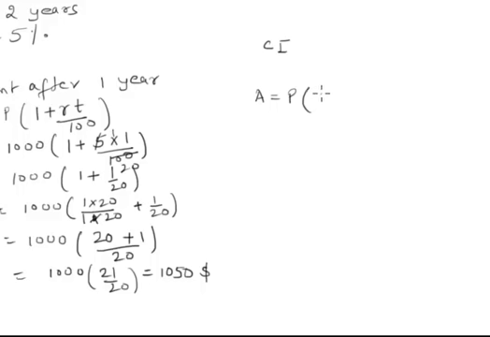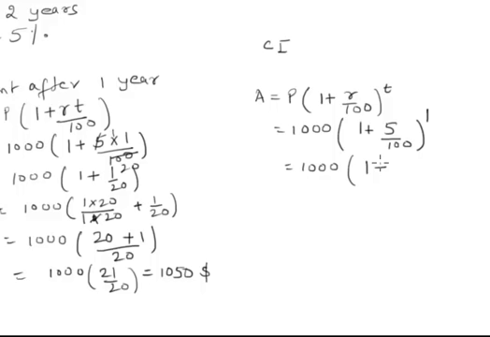Similarly, in case of compound interest, if you are calculating the amount after 1 year, then A is calculated by the formula P times (1 plus R over 100) raised to T. P is 1000, R is 5% over 100, raised to T, which is 1 year. So 1000 times (1 plus 5 over 100), that is 1 over 20. Again, the denominators are not the same, so we multiply 20 to the numerator and the denominator.